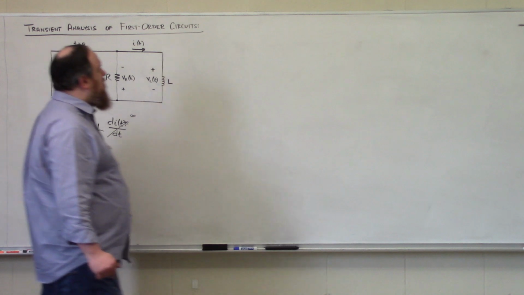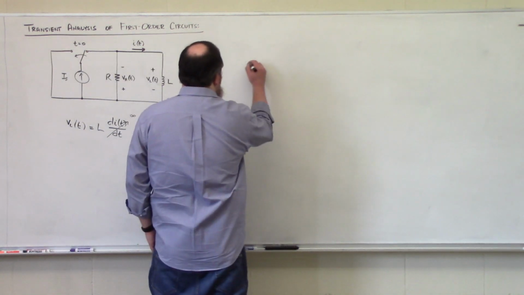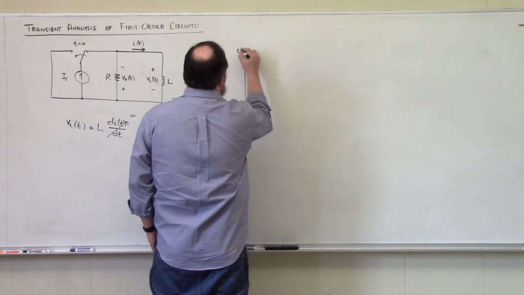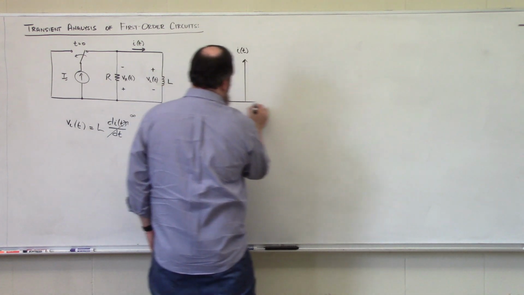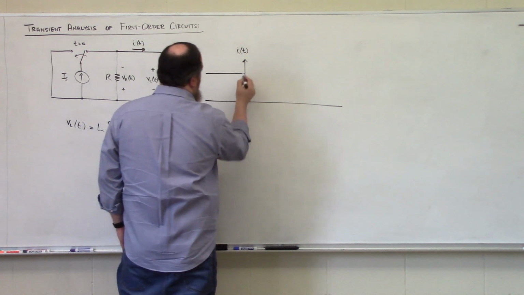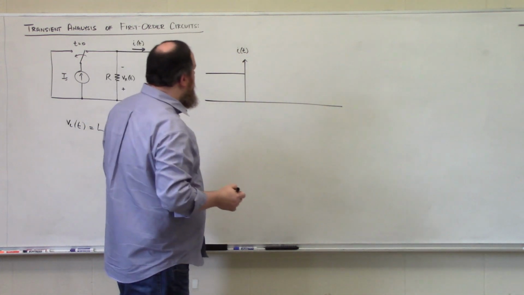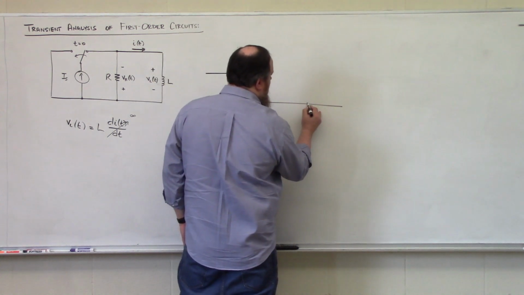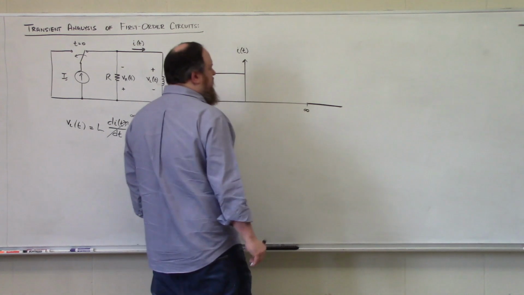If we plot the behavior of I of t as a function of time, we know that for all t less than 0, it's going to have a fixed value. And then we know that at some much longer point in time, everything should settle down to 0.